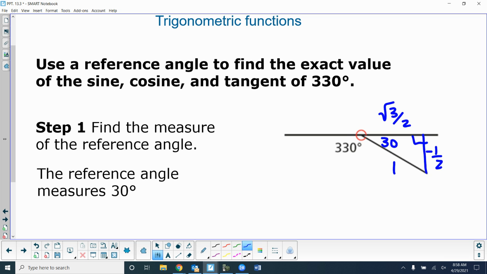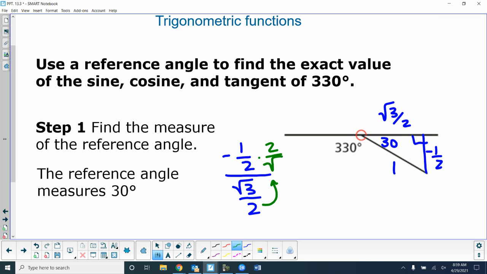What's the sign? Looking at the picture, what's sine? -1/2. Cosine? Radical 3 over 2. Tangent is negative 1/2 opposite, or y, over adjacent, or x. So we're going to do what?